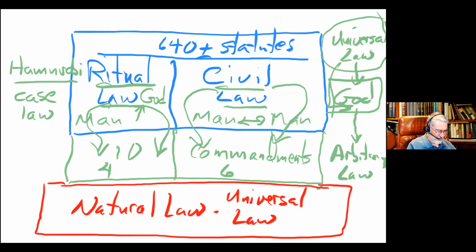And this universal law is bound up with the character of God himself. God is at the core of it. God exists, and his attributes and personality are reflected in the natural law.